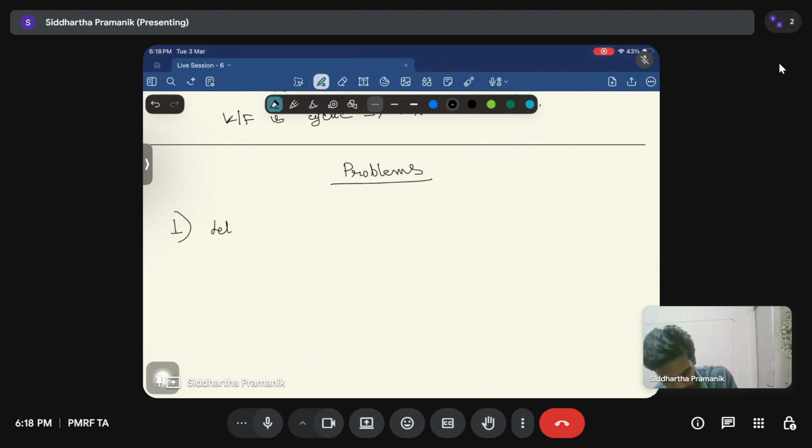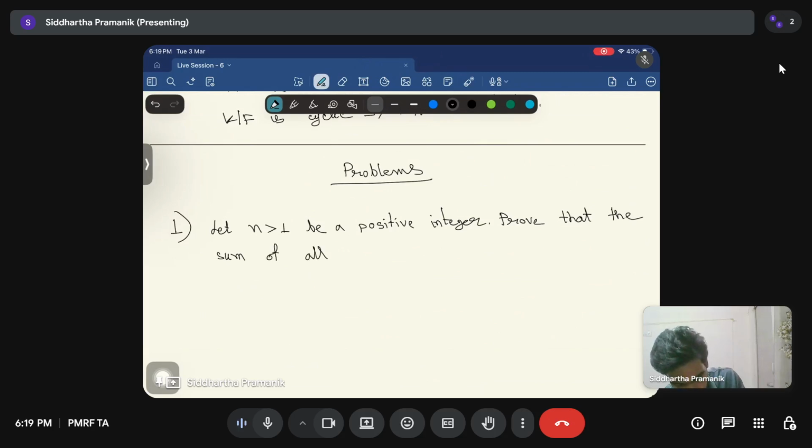let n be a positive integer which is bigger than 1. Then prove that the sum of all nth roots of unity in C is 0.